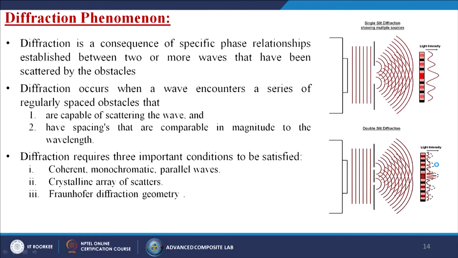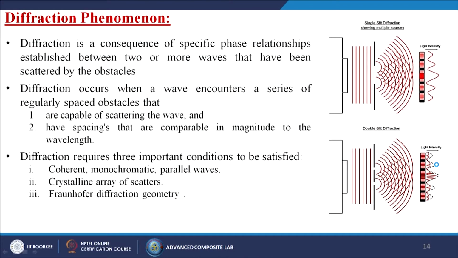Now, we are going to discuss the diffraction phenomenon. Generally, diffraction is a consequence of specific phase relationships established between two or more waves that have been scattered by obstacles. Sometimes they can be together or sometimes overlapped.